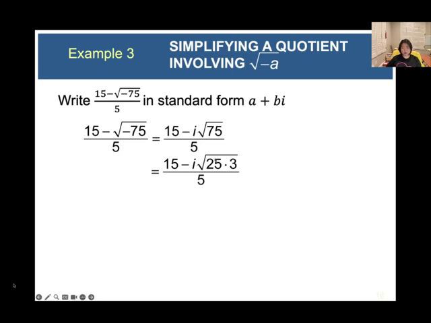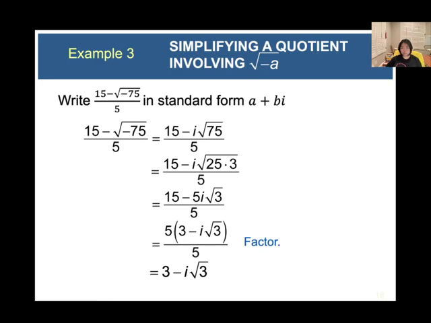Square root of 25 is 5, so 5i square root of 3. And then, hey, make sure you don't cancel the 5 with the 15 or 5 with 5 here, because this is subtraction. What you're going to do, factor out the 5 before you simplify. I take out the 5 here, I'm left with the 3 minus i square root 3. And then now you can cancel because that's a multiplication here. So this is going to be my standard form a plus bi.